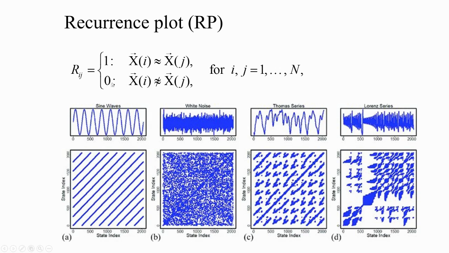Otherwise we put 0. So for this case, as you can see, different states can be considered with recurrence plots, such as completely stochastic or deterministic or periodic, and so on.